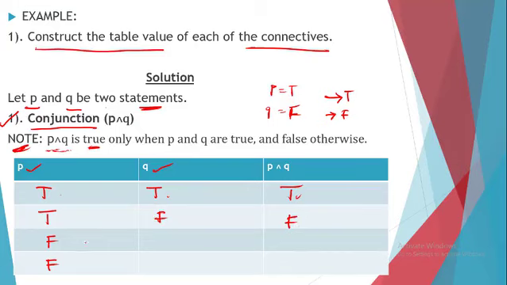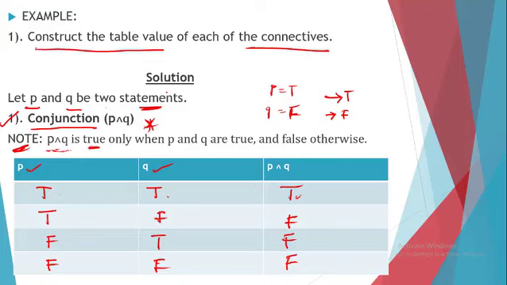Then if P is false and Q is true, P intersection Q is also false. If P is false and Q is also false, P intersection Q is also false. Do we understand now? This is how the conjunction works.